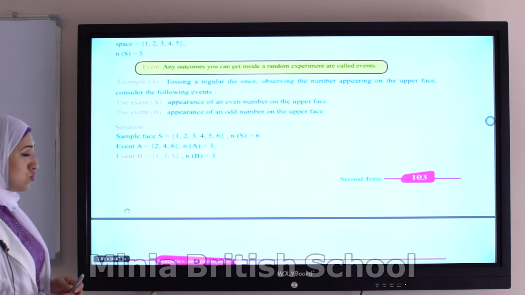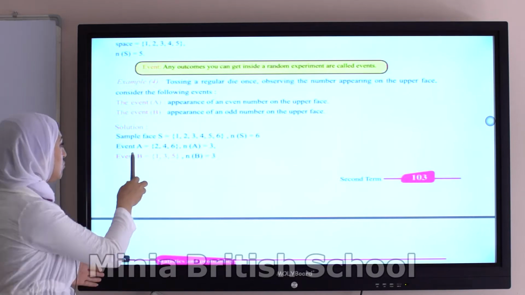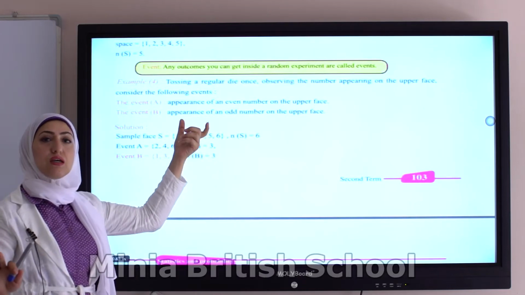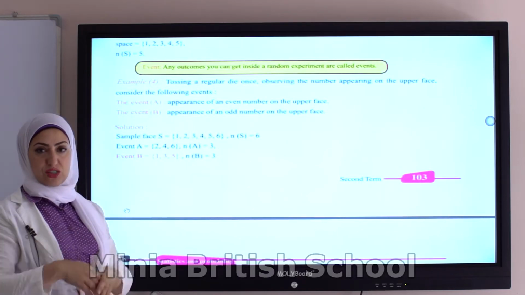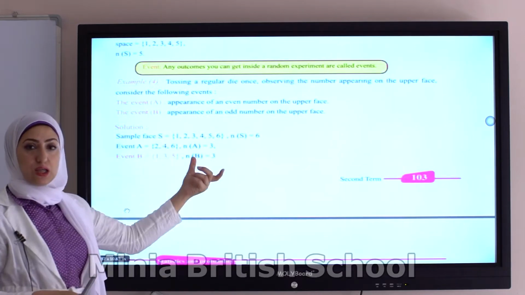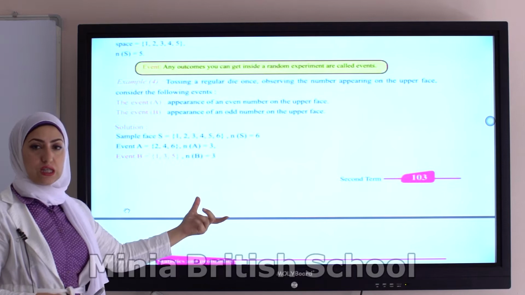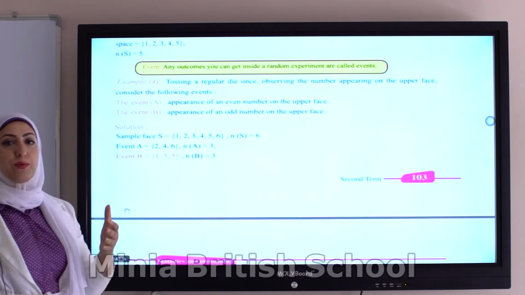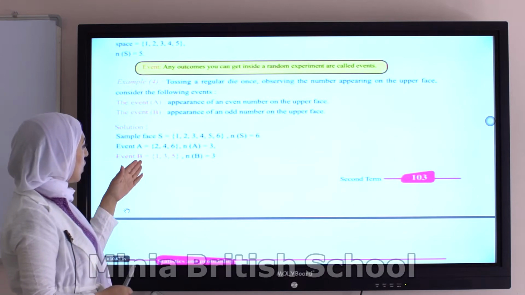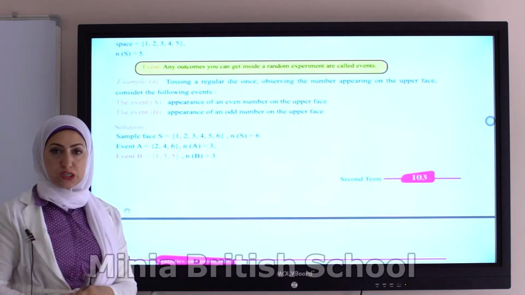Now, event A, the even numbers, 2, 4, and 6. So the number of elements of this event equals 3, and the total equals 6. So the probability of event A equals 3 over 6, which in the simplest form is half. Event B, 1, 3, 5, the odd numbers.